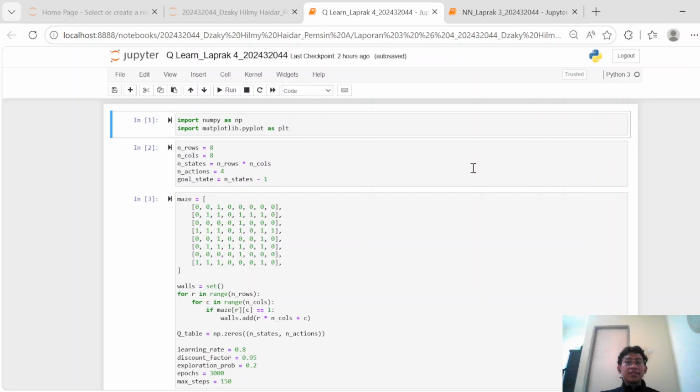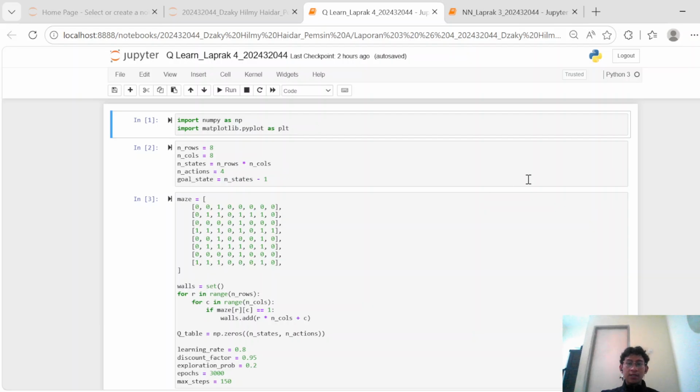This grid yields a total state space of 64 discrete states, indexed linearly from zero at the top left corner, which serves as our starting point, to 63 at the bottom right corner, which is our designated goal state.